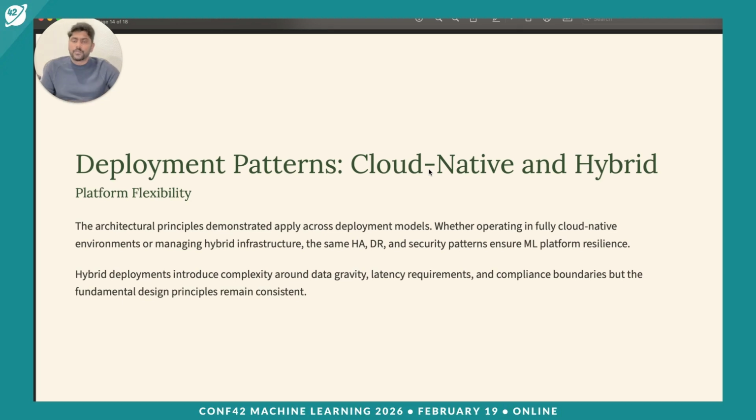Now let's talk about deployment patterns: cloud native and hybrid. Typically when we are moving from legacy to cloud, we end up using hybrid, or depending upon the zonal presence of the cloud providers, we might end up using multi-cloud. So these are the things that we need to consider. What model, what adoption? Is it a hybrid adoption, a completely cloud native adoption, or multi-cloud adoption?